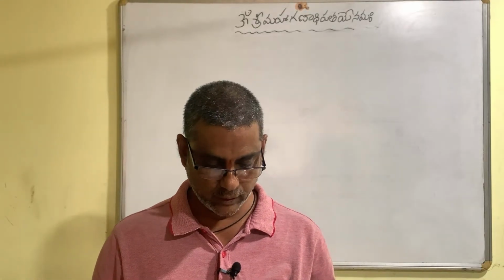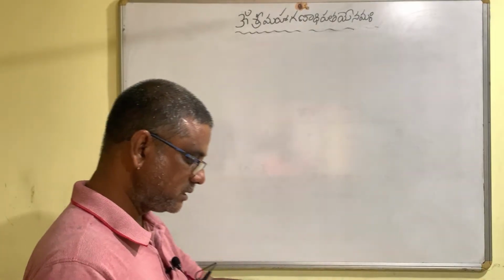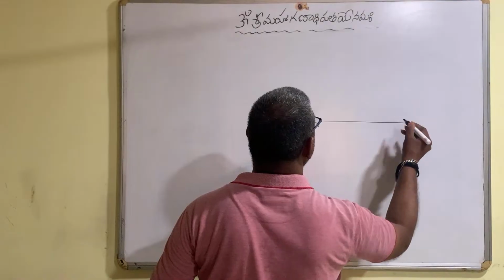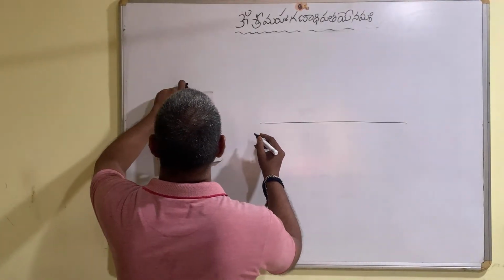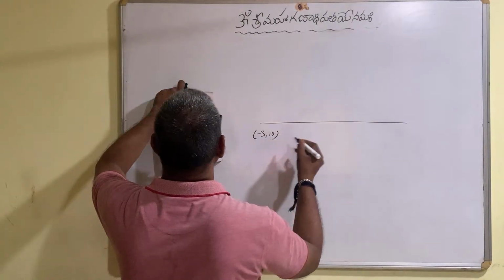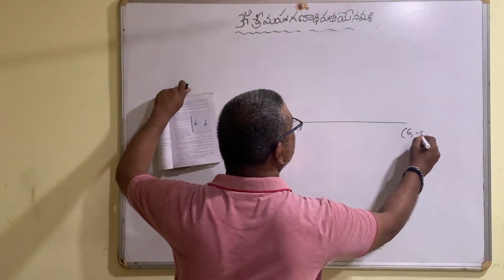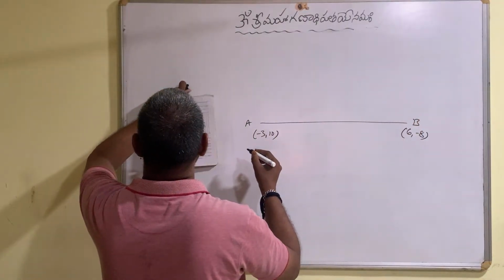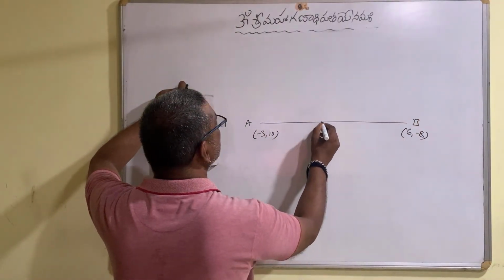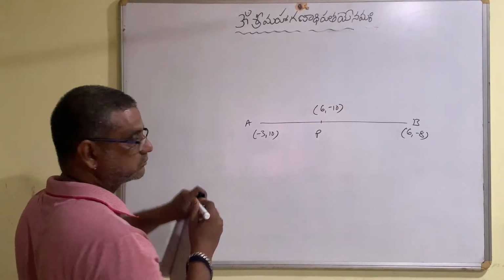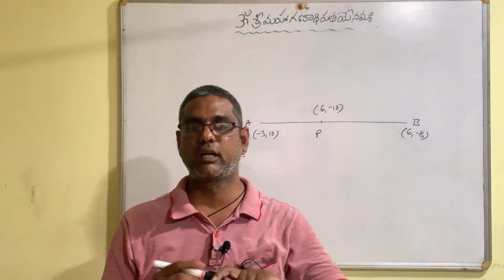Find the ratio in which the line segment joining the points minus 3, 10, let it be A, and 6, minus 8, let it be B, is divided by the point P 6, minus 10. We need to find out the ratio, children.